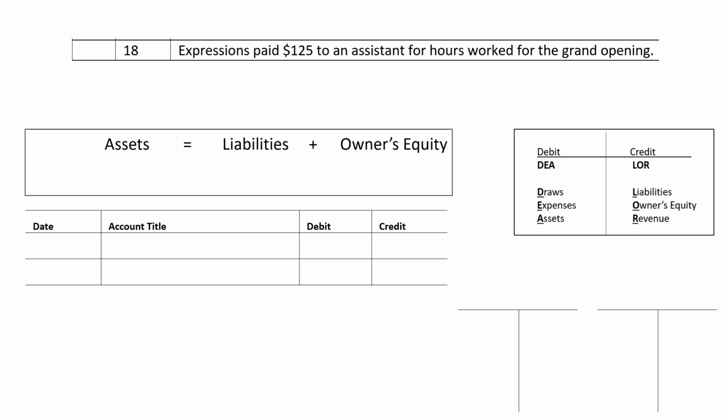December 18th, Expressions paid $125 to an assistant for hours worked for the grand opening. So paid $125, that will be cash. And the expense that we will record for this will be called wages expense because you're paying someone wages. So cash is an asset.